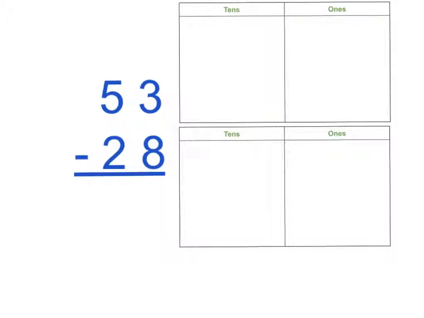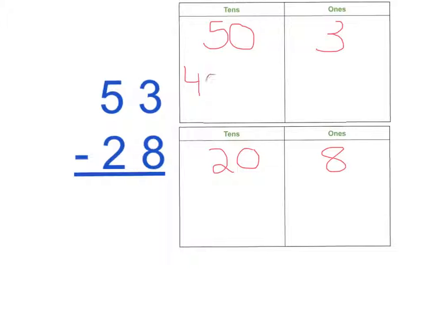Alright, I'm going to show you the exact same problem, 53 minus 28, but I'm just going to show you another way. So I'm going to break up the 53 similar to before. In our tens we have 50, and in our ones we have 3. Break up 28, in our tens we have 20, and in our ones we have 8. And we can't take 8 away from 3. So what we're going to do is break up 50 into 40 and 10.